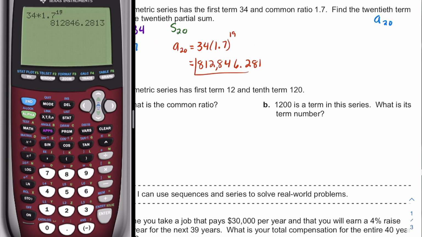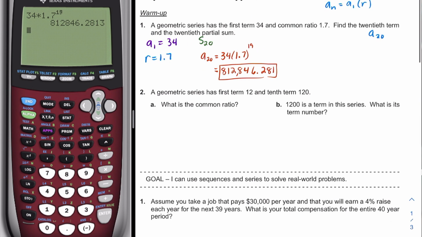So something to pay attention to here real quick is that we started with 34. 20 terms later, we are at 812,000. So that grew very fast, even though the ratio was pretty small. Keep that in mind. That's an exponential growth thing, which we're actually seeing right now happening.